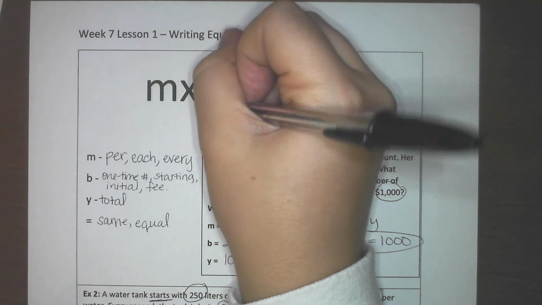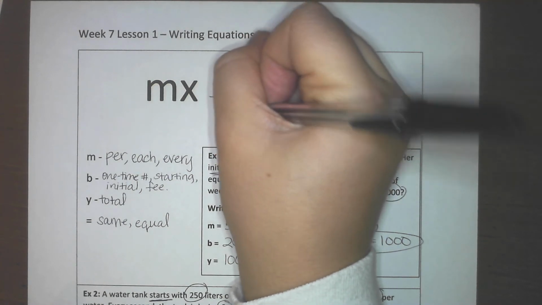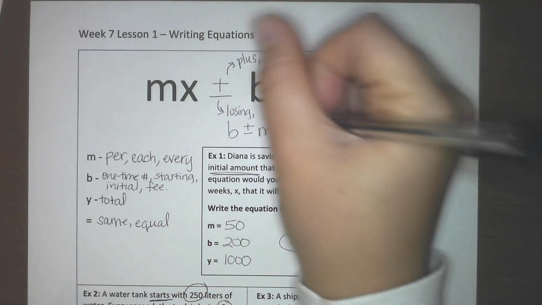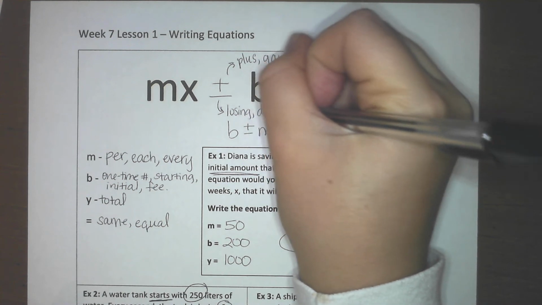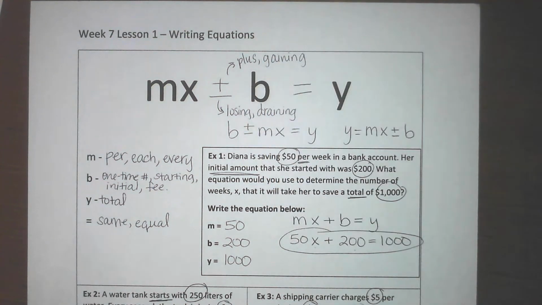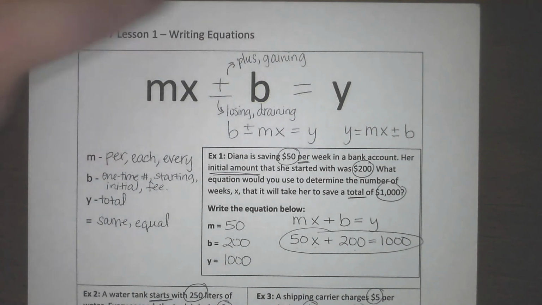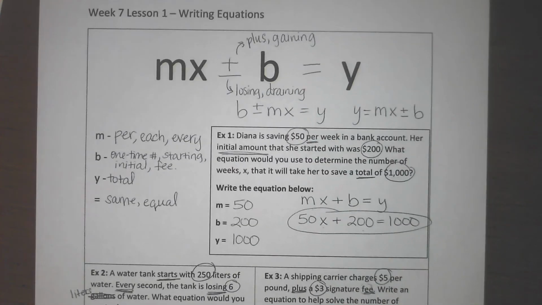If you see something like losing or draining, that's telling you it's subtraction. So sometimes you'll get a little caught up with the addition and subtraction. Make sure if you see plus, you're gaining, that's addition. Losing and draining, that is subtraction. Okay? Make sure you have the keywords because that's really going to help you for the rest of your assignments for lesson 1. All right, good luck, guys.